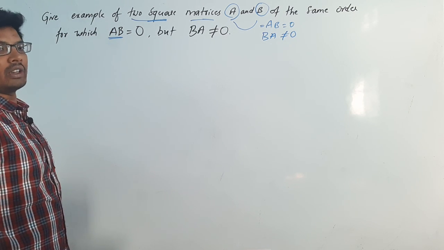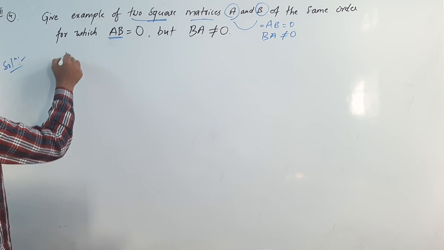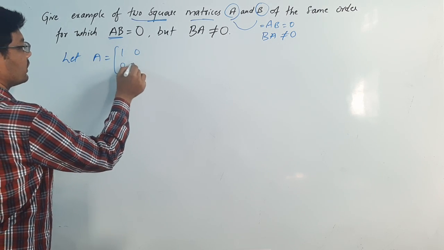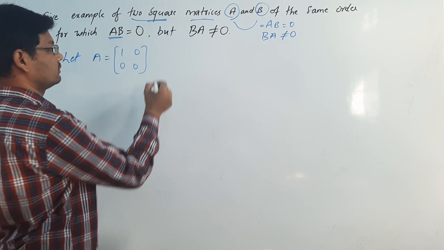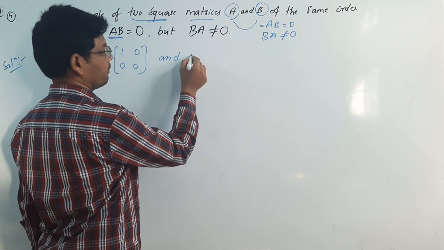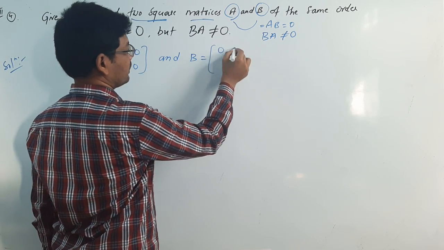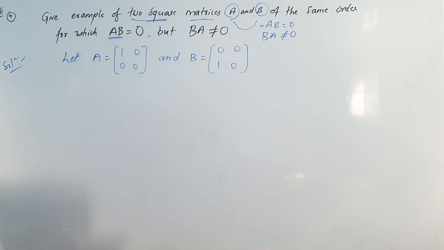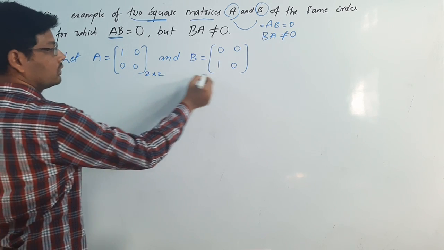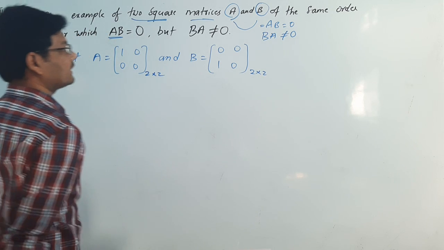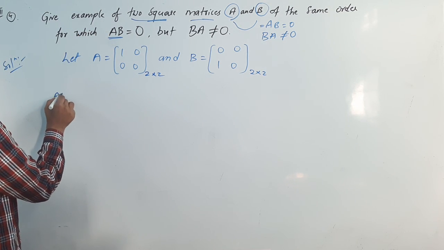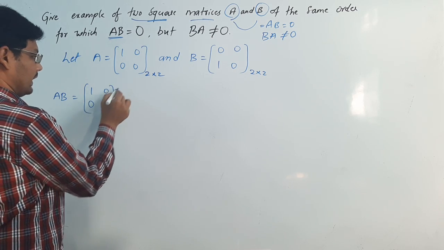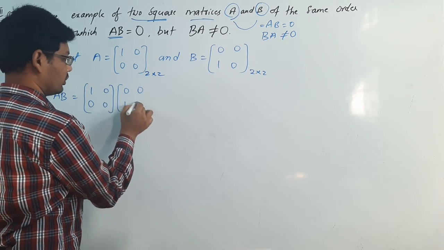Let A is equal to 1 0 0 0 and B is equal to 0 0 1 0. These are the two matrices I am taking here of the same order, 2 by 2, and let's multiply A into B, 1 0 0 0 and 0 0 1 0.